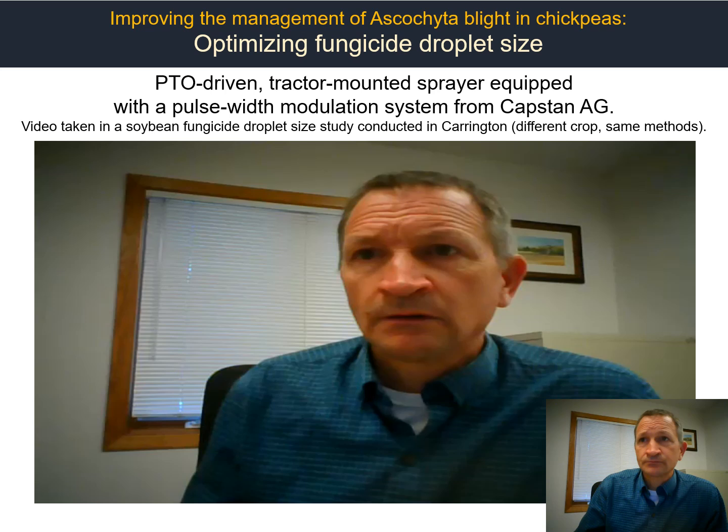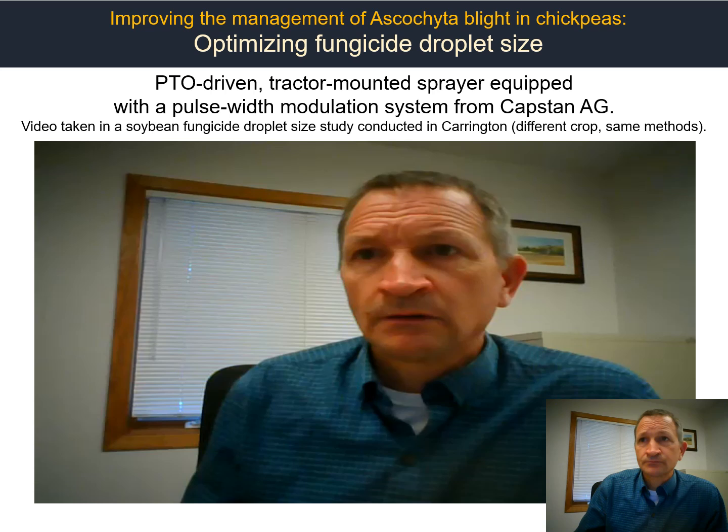Okay, and what you can see is that for that locally systemic fungicide applied alone, Proline, we had absolutely perfect correlation in terms of the yield gain from applying with medium droplets all season versus fine droplets all season relative to the canopy height. Again, canopy height assessed at that first application where we averaged minimum 90% of the ground covered by the canopy.